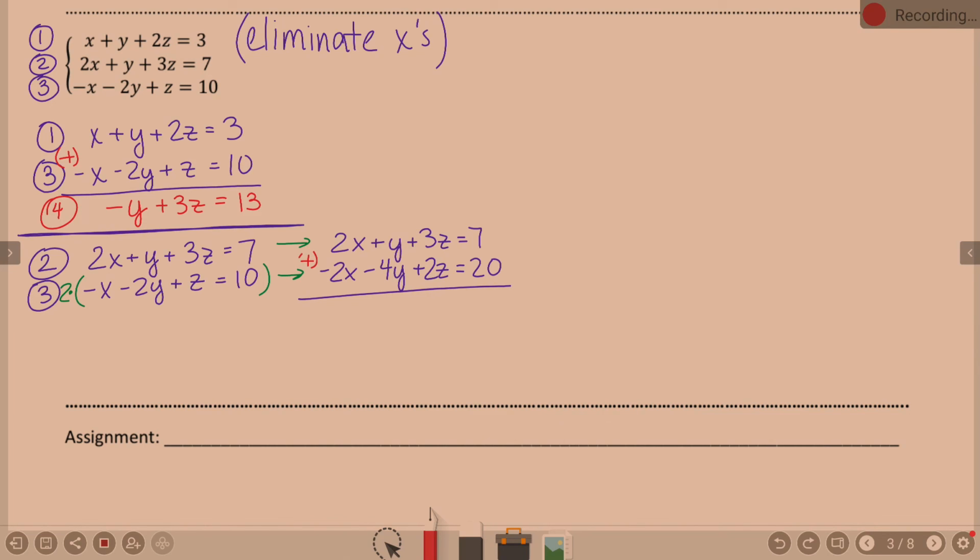And now my x's are opposite signs, and I'm ready to add. 2x plus negative 2x cancel. Y plus negative 4y is negative 3y. 3z plus 2z is plus 5z. Carry down your equal sign. 7 plus 20 is 27. And I shall name this 5.